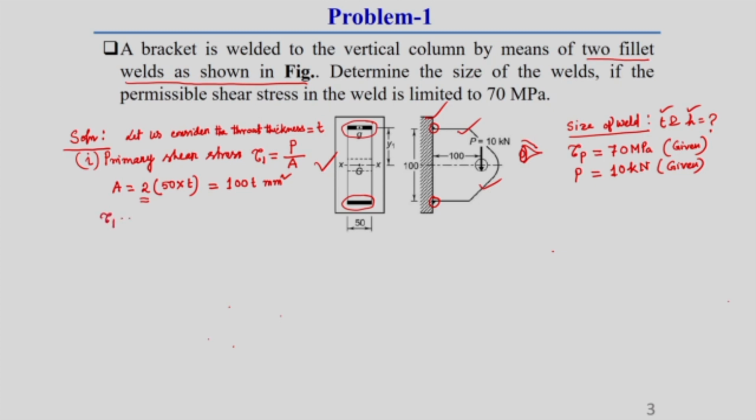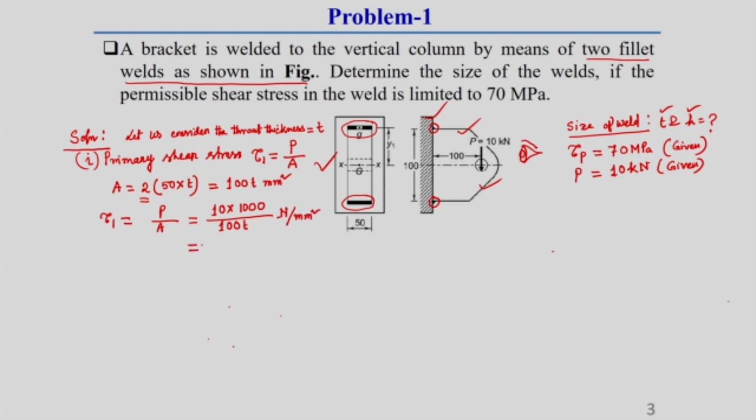It will be the applied load P divided by A. Here P is 10 kilonewton, so 10 into 1000 Newton, divided by the total cross-sectional area 100 T. Its unit will be, as this is a shear stress, Newton per millimeter square.